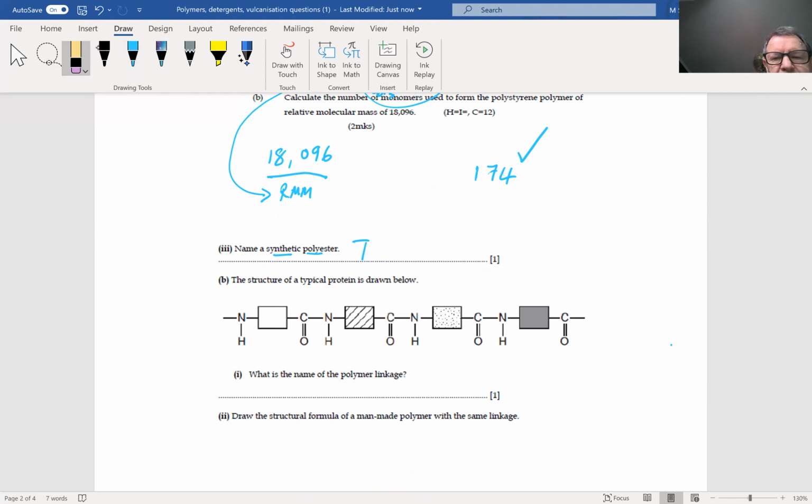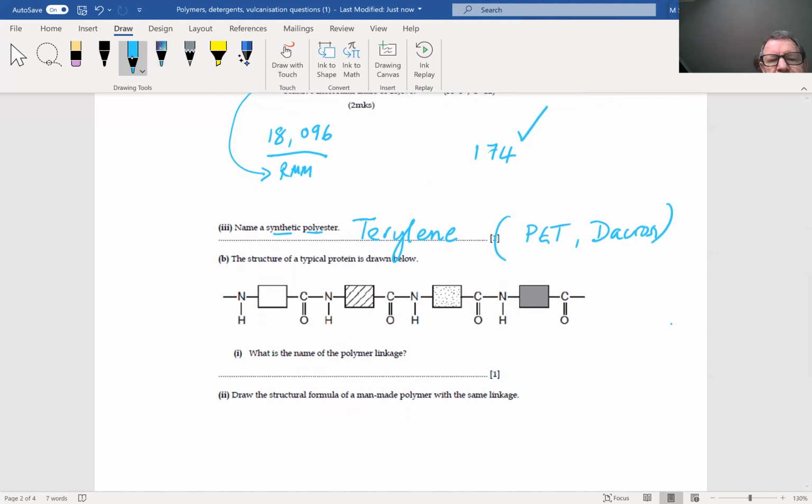So the best one to remember is terylene, okay? There are other ones, like there is PET, and there is Dacron, if you know these ones. But I would remember terylene. It's the most common of the ones that we do.